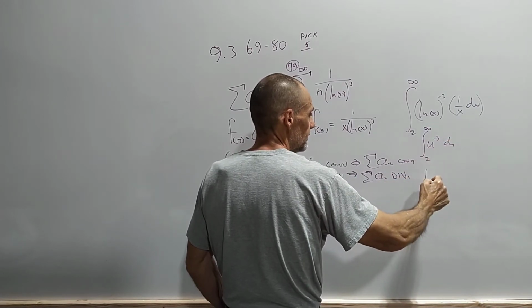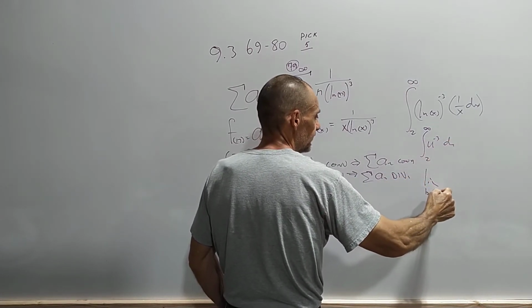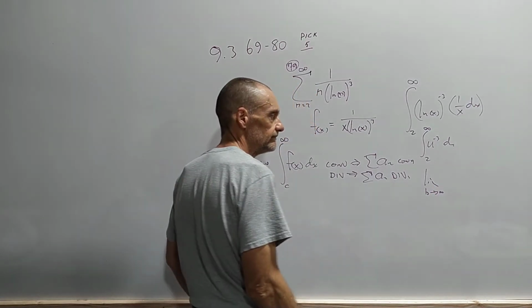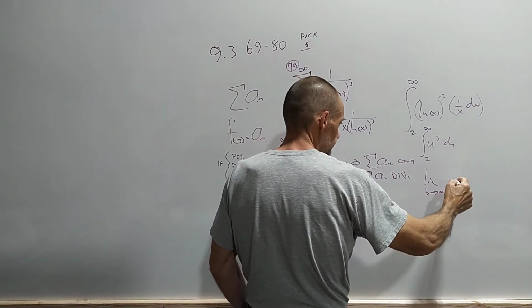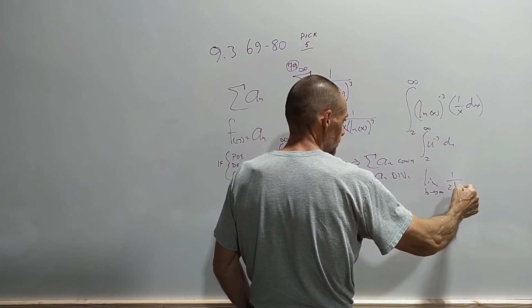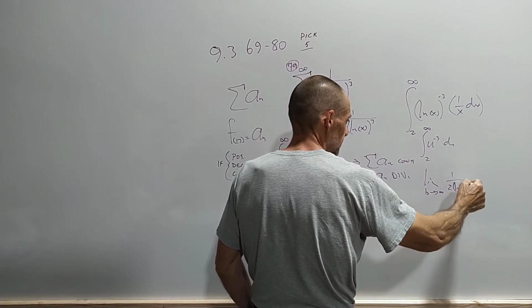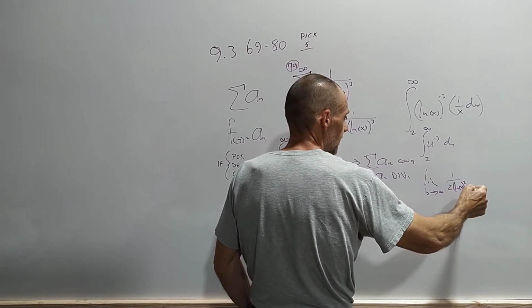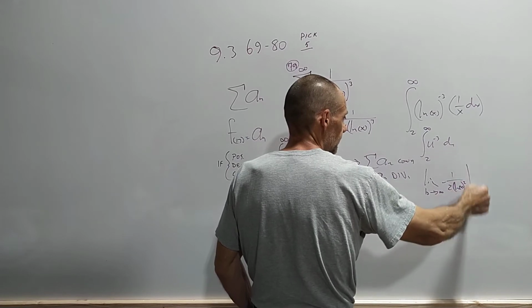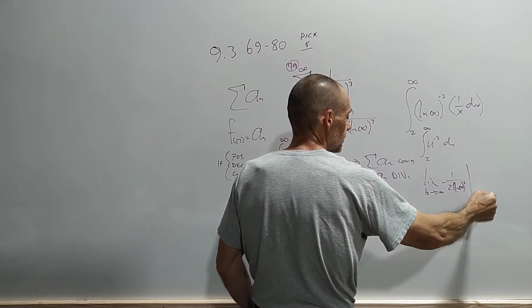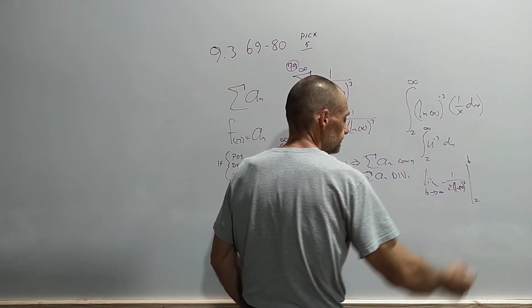So this would be the limit as b approaches infinity of what? Negative 1 over 2 log x squared, and we're going to take this from 2 to b.